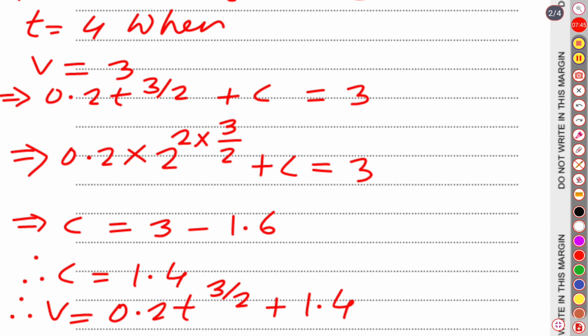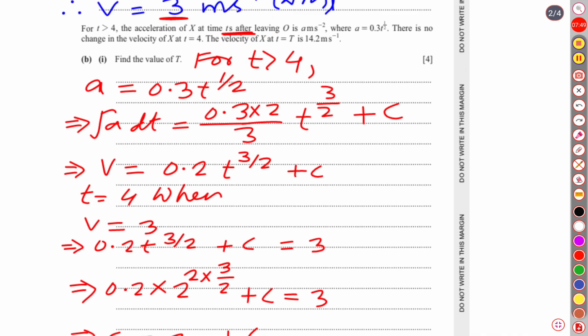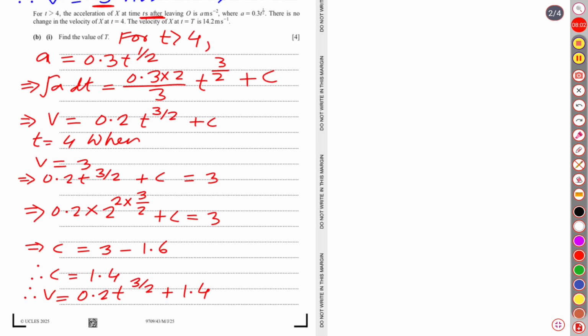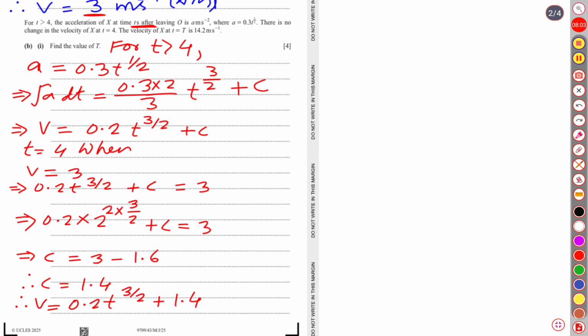Well, then actually we are going to find, they have told us to find the t, that is the time when the velocity was 14.2 meter per second. So let me write just beside this.